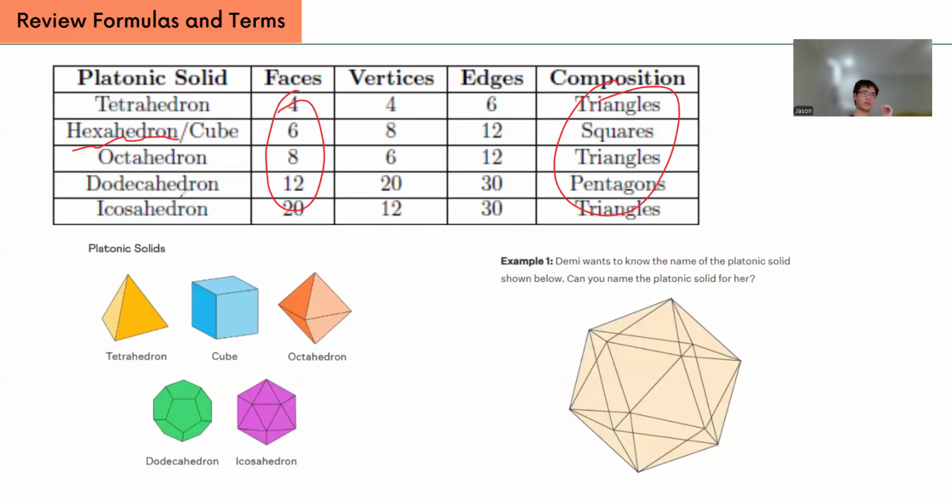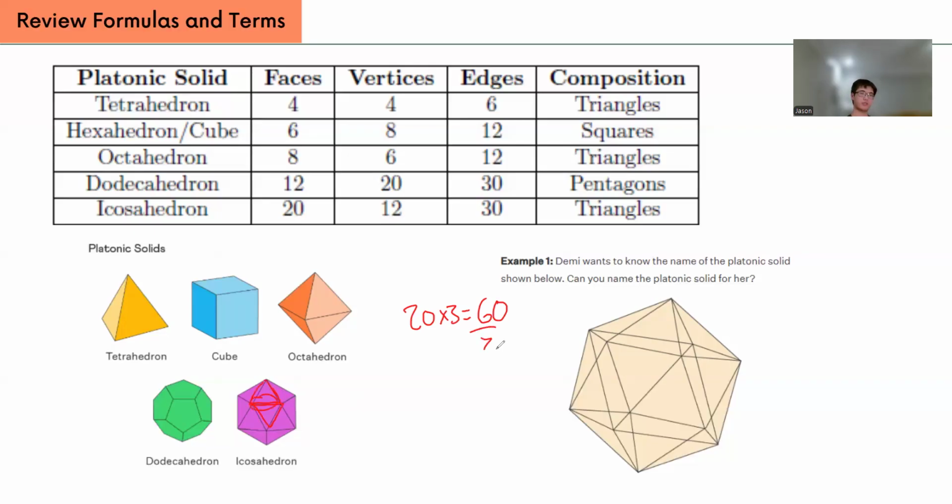So for example, for an icosahedron, which is I guess the most common because it's the biggest, I can find the edges from just this, right? Because there are 20 faces, each face is a triangle, so it has 3 edges. So there's 60 edges, but I divide by 2 because each edge I counted twice, one from this triangle and one from this triangle, right?